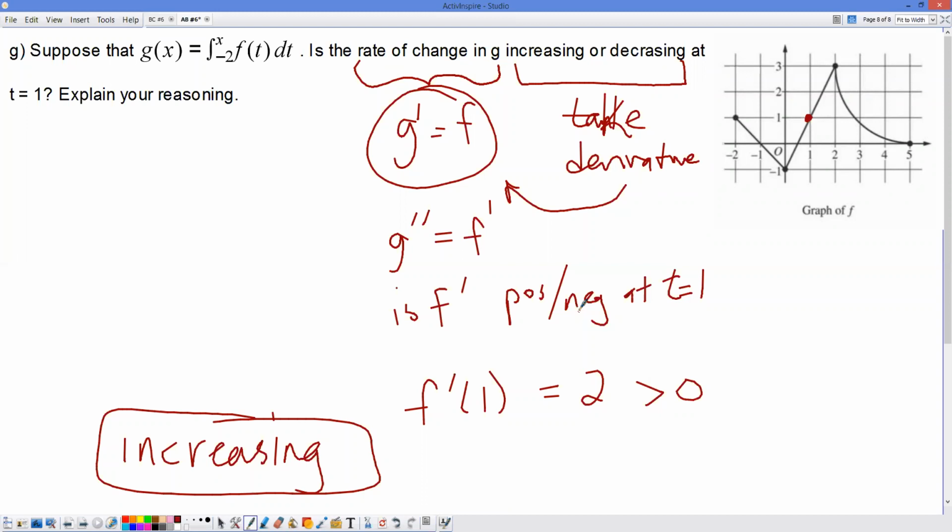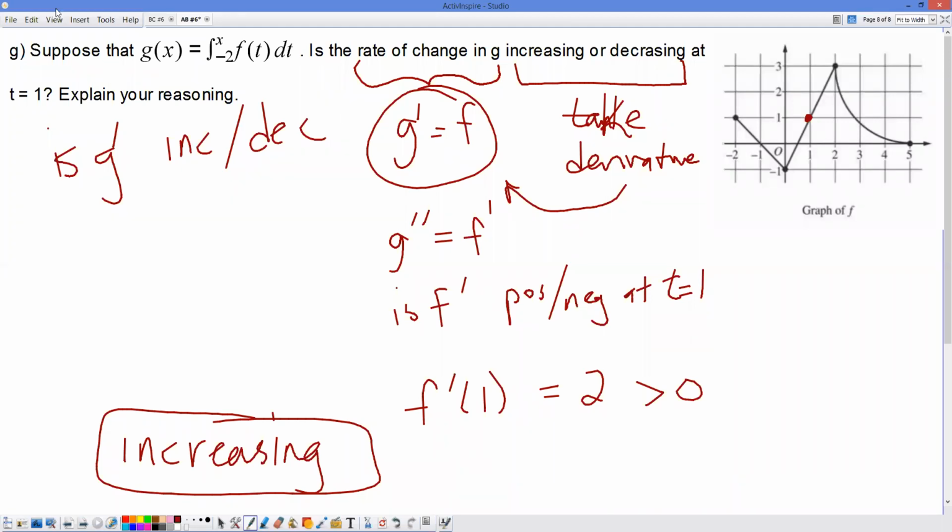Natalie, we're using G double prime because the rate of change in G is what we're trying to figure out, whether it's increasing or decreasing. The rate of change of G is G prime, so the question is basically asking whether G prime is increasing or decreasing.